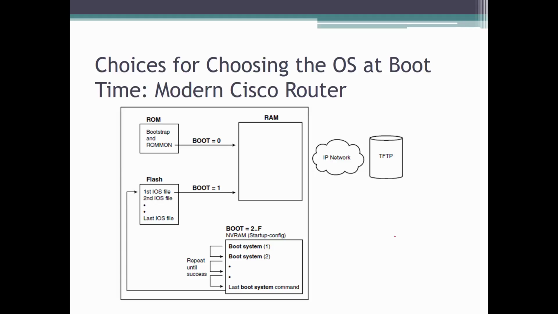So, the choice for choosing the OS at boot time, because sometimes modern Cisco routers may have more than one operating system, you could select the appropriate operating system. Here we have boot option 0 and boot option 1, and underneath boot option 1, we may have multiple IOS files.